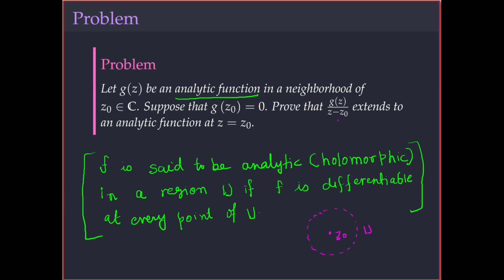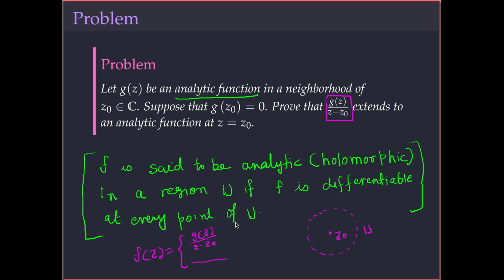Now it's asking us to prove that this g(z)/(z minus z0) extends to an analytic function at z equals z0. So it means I have to define a function f(z) whose value at z equals z0 we have to determine, and if z is not equal to z0, then this is nothing but g(z)/(z minus z0).